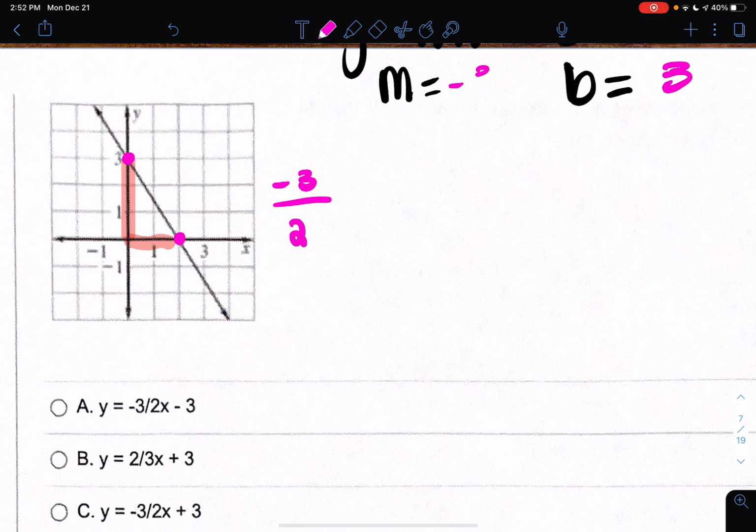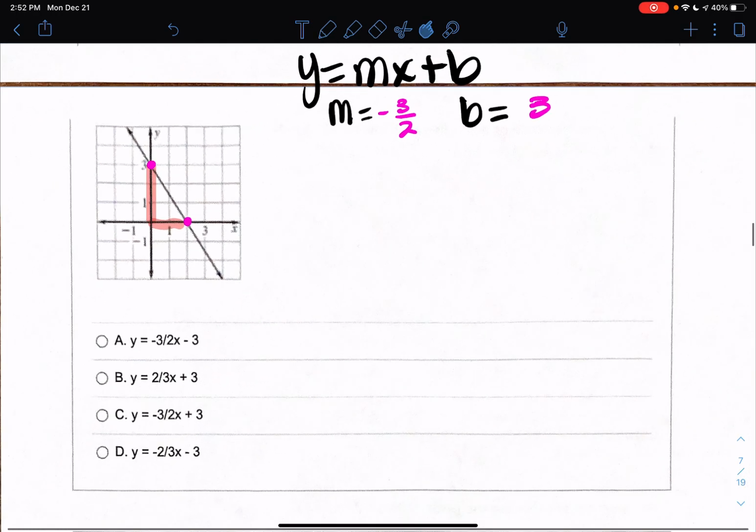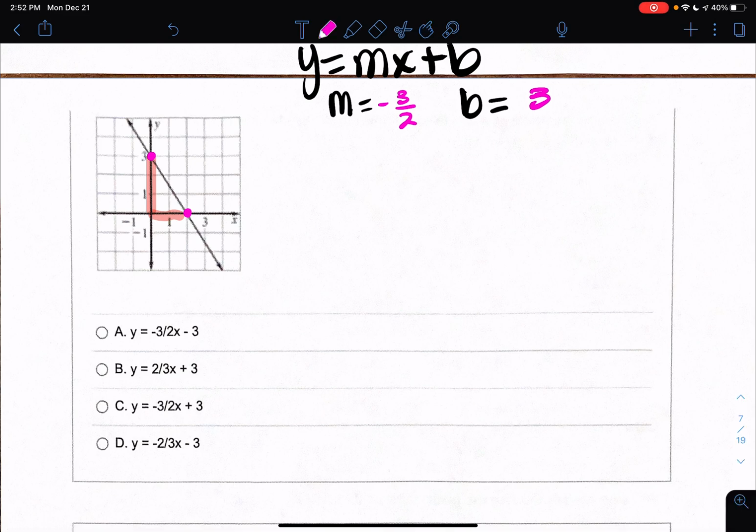So I have negative 3 over 2. I cannot simplify that anymore, so this is my final answer. Now I officially have the 2 pieces of information, so I have to match it with the corresponding answer, which means that I have a negative slope, that is 3 over 2, and a positive y-intercept, which is C.